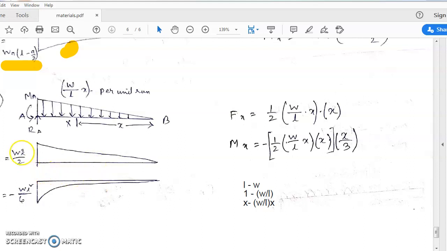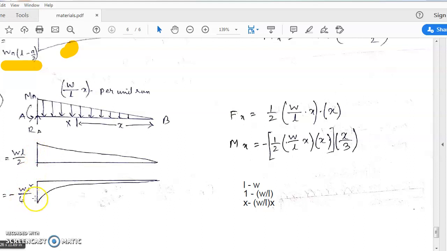Now what will be the SF and BM at point A? You just replace this small x by L, because when the point capital X reaches point A, the distance x becomes L. So by replacing x by L, you will get the value of shear force and bending moment at point A. So that is wL by 2 and minus wL square by 6.